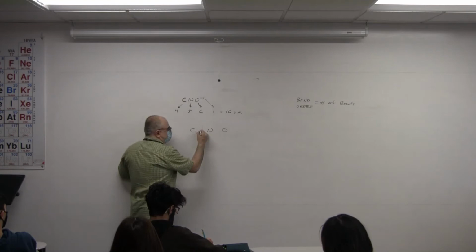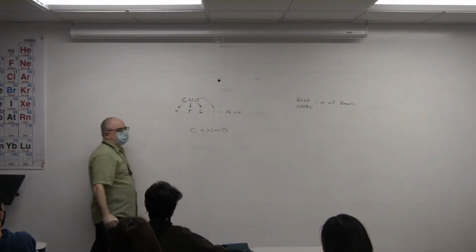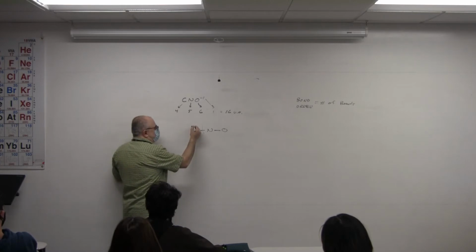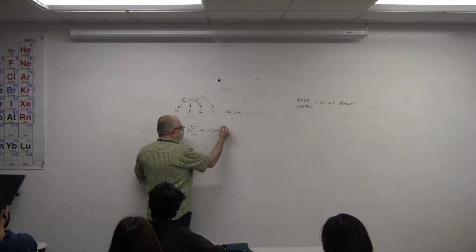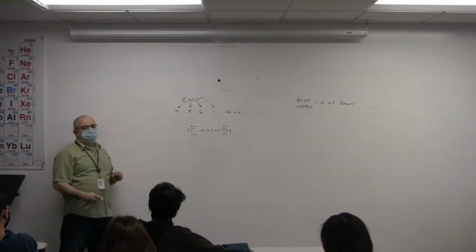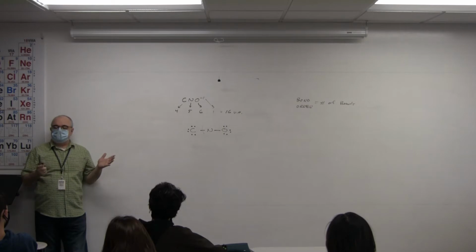So I'm going to start by bonding all the atoms together. Then I'm going to start satisfying the outer atoms with electrons. But by the time I've done that, I've used up all 16.